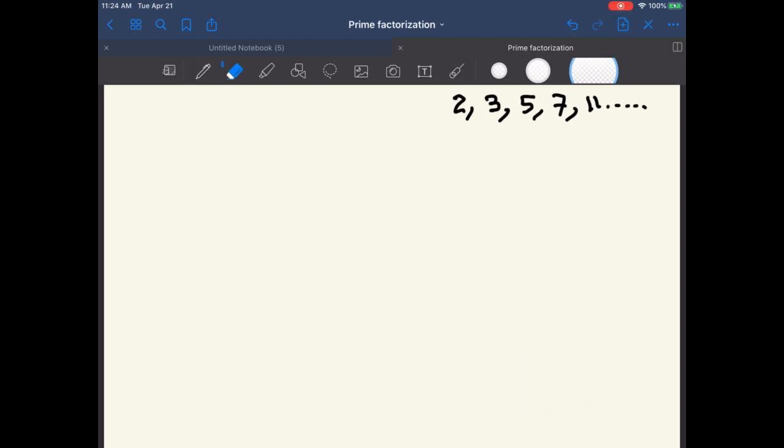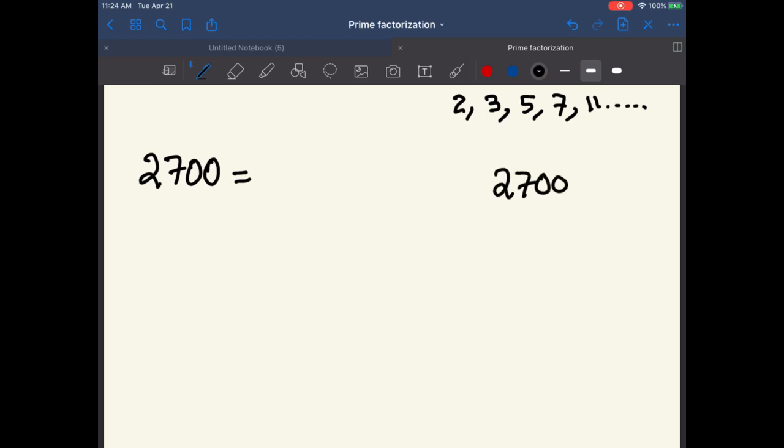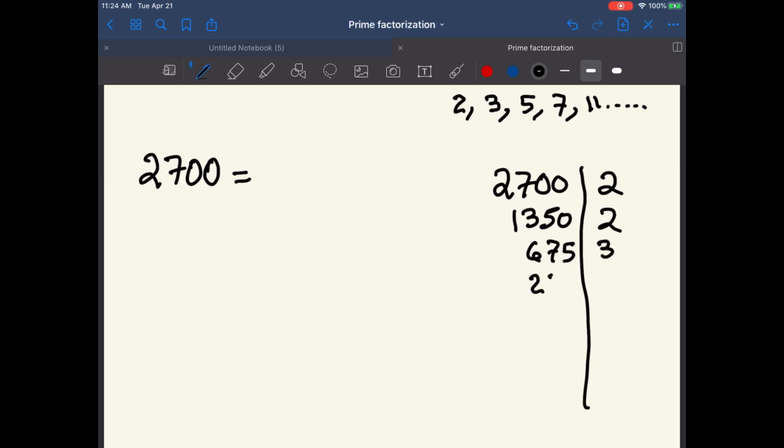Another example, the number now is 2700. You can do the same thing. You start to do the prime factorization. This number is divisible by 2. 2700 divided by 2 is going to be 1350. You can divide by 2 again, it's going to be 675. If you divide by 3, it's going to be 225.